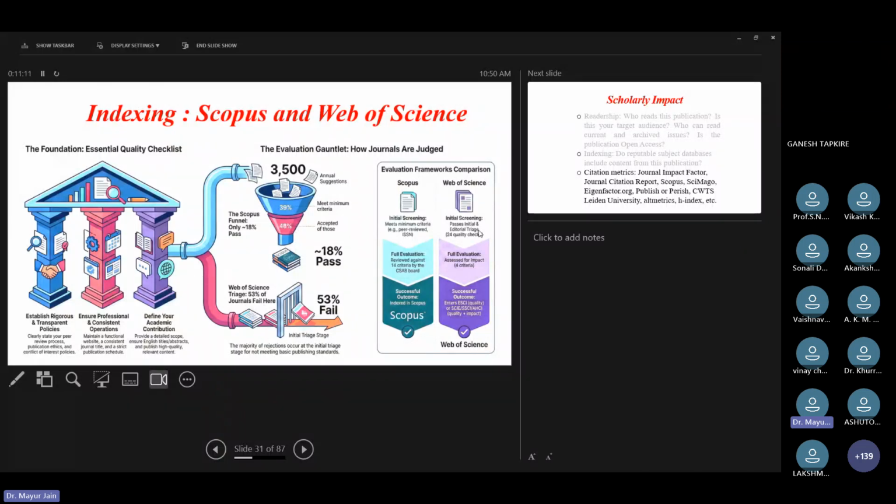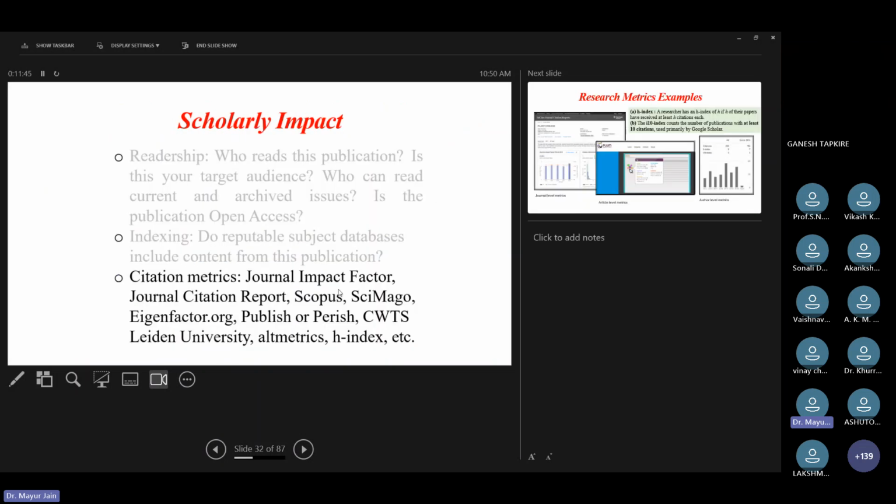Similarly, for the Web of Science, it goes through 24 quality checks, and then a full evaluation is done, assessing the impact against 4 criteria. So there are certain criteria for the Web of Science as well. Only if journals pass those criteria will you see them indexed in Scopus or Web of Science, right? So you can imagine these are the rigorous ways by which journals are filtered to provide good publications for the researchers. That is one way we can understand it.